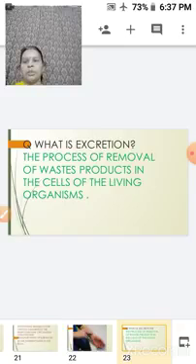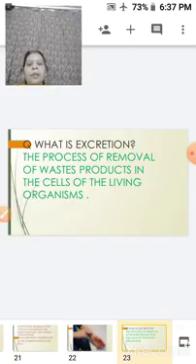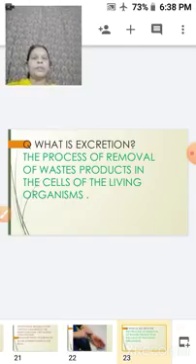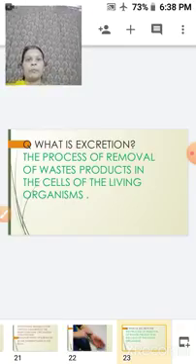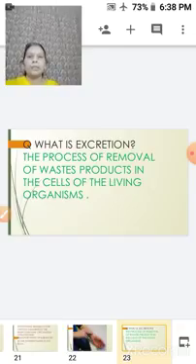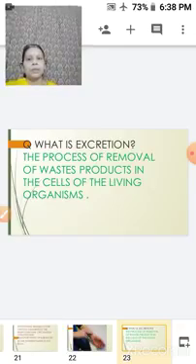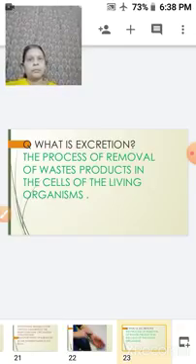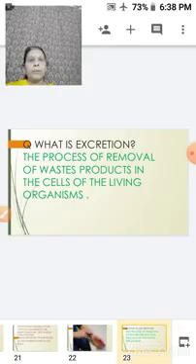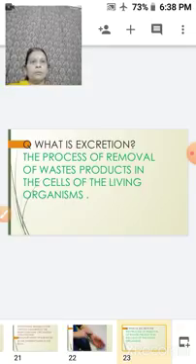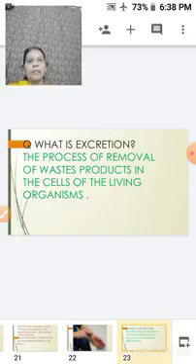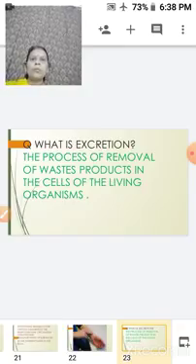Now, if these wastes keep on accumulating within our body for a longer time, they are very harmful for our body. So their removal is very important for maintaining a healthy body. In different organisms, it takes place through different organs.